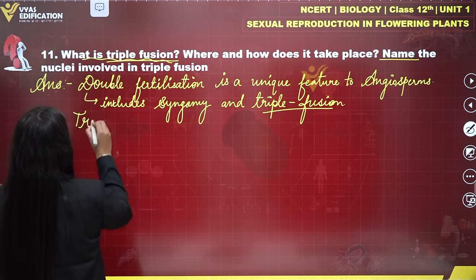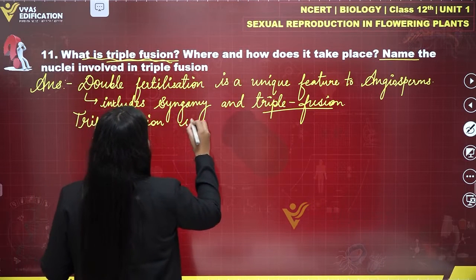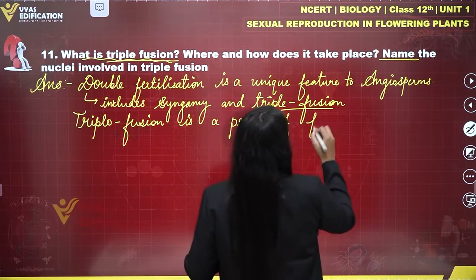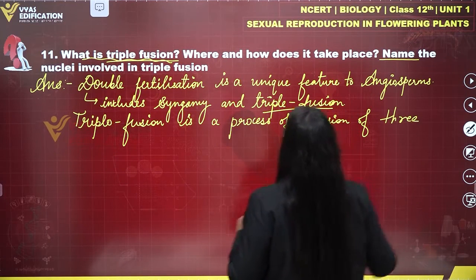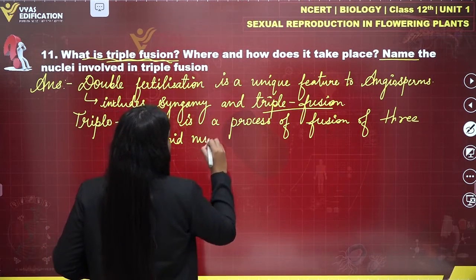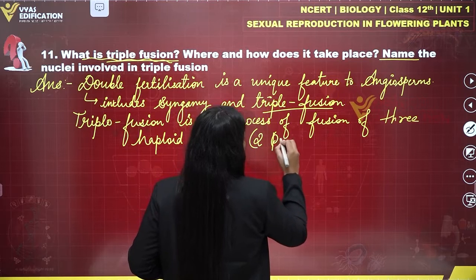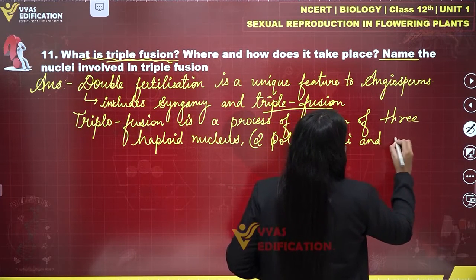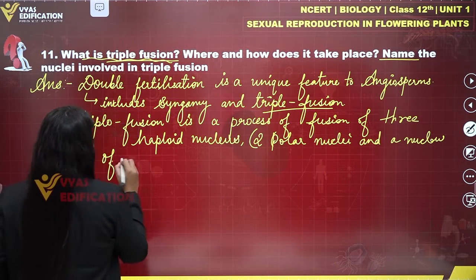If we talk about the triple fusion, then triple fusion is a process of fusion of three haploid nuclei: two polar nuclei and a nucleus of a male gamete.